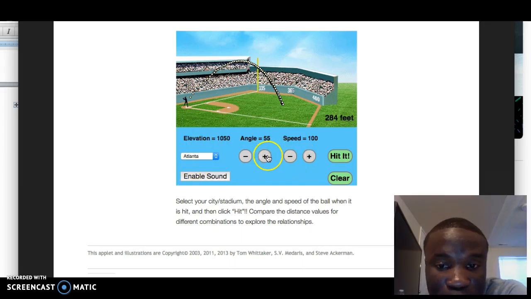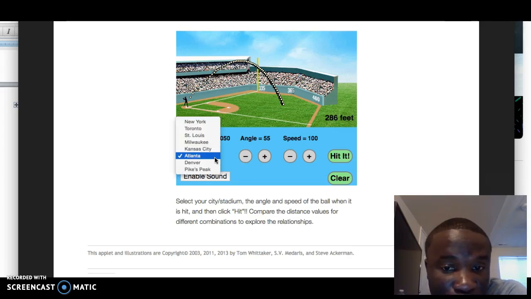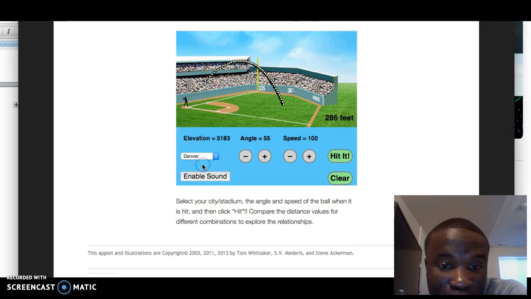But if I move to Atlanta as a pitcher, what would be the difference? To be honest, the higher elevation with the 55-degree angle, 100 miles an hour speed, nothing changed that much. But let's move to Denver and see what happens. Now, as we start to go up in the elevations, hitting in Denver, I move up to 303 feet.